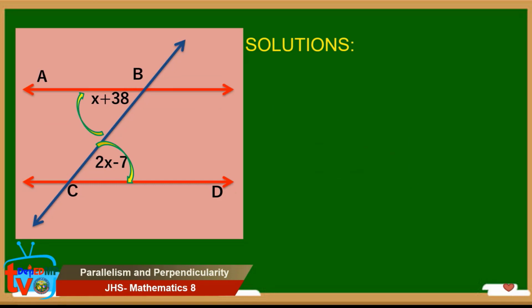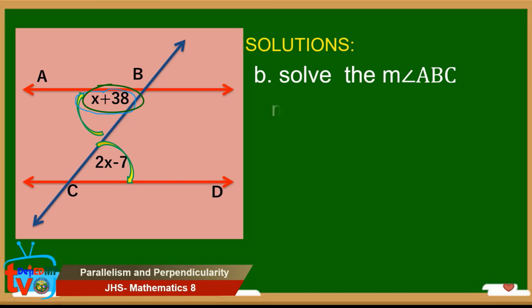Next, we are going to solve the actual measure of angle ABC. Measure of angle ABC is represented by x plus 38. Substitute the value of x, which is 45, and add with 38.